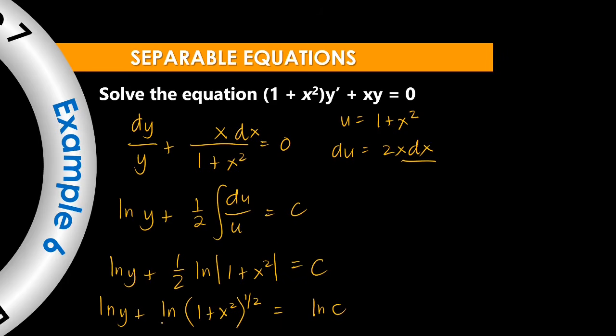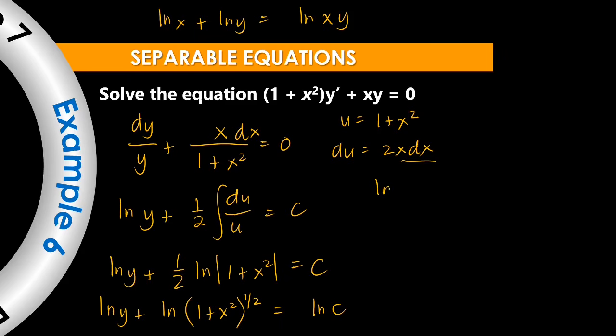Now, furthermore, we can apply the properties of ln. The sum of two ln's can be expressed as the ln of a product. Recall that ln of x plus ln of y is ln of xy. So we apply that here.